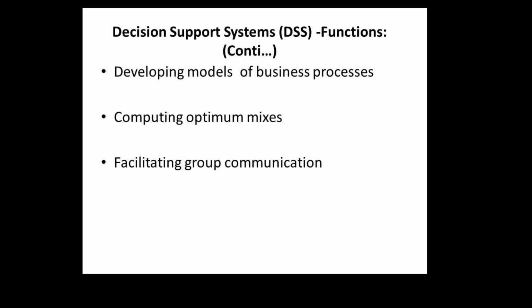Next is computing optimum mixes. It means, for example, the problem of allocating people to jobs. Different job designations are there, matching between the skills and available jobs, etc. Techniques like linear programming in a DSS can be used to compute the optimum solution for such a problem.